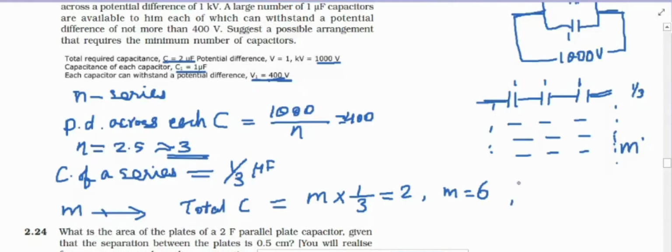Therefore, the total number of capacitors required to make a 2 microfarad capacitor using 1 microfarad capacitors, with a voltage of 1 kilovolt, is 18 capacitors. We need 18 capacitors.